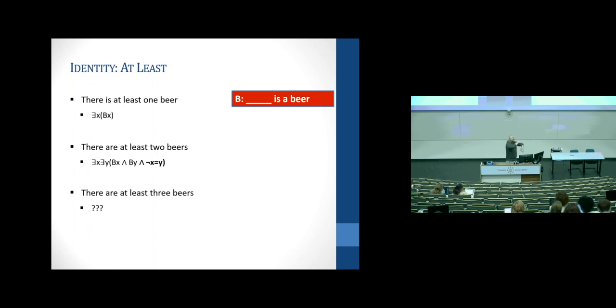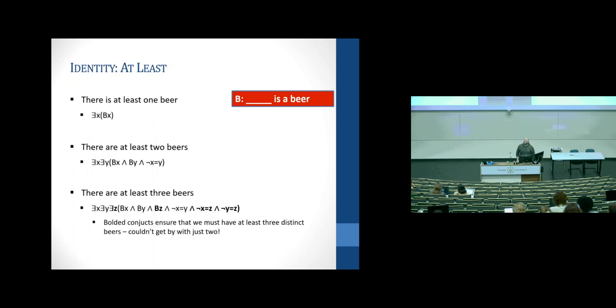There's going to be x, y, and z, and they're all reaching into the domain. And they're all grabbing things that are beers. But importantly, we also need to say they're grabbing different things. So we have a clause that says x isn't y, y isn't z, and x isn't z. And what do these clauses do? They're just clauses that say, hey, each variable is not identical to the other ones.